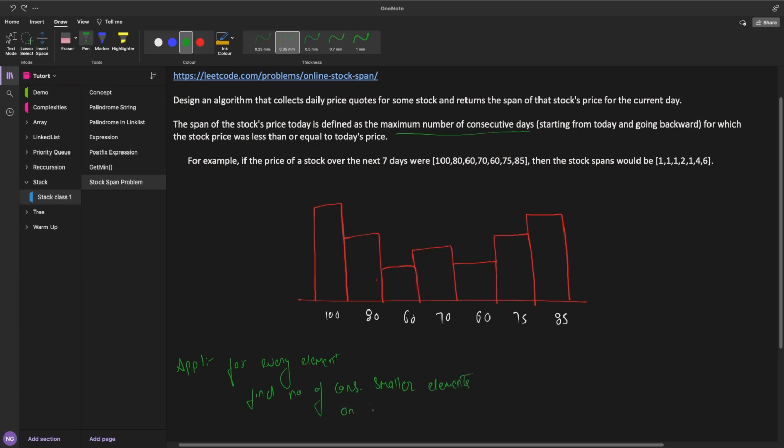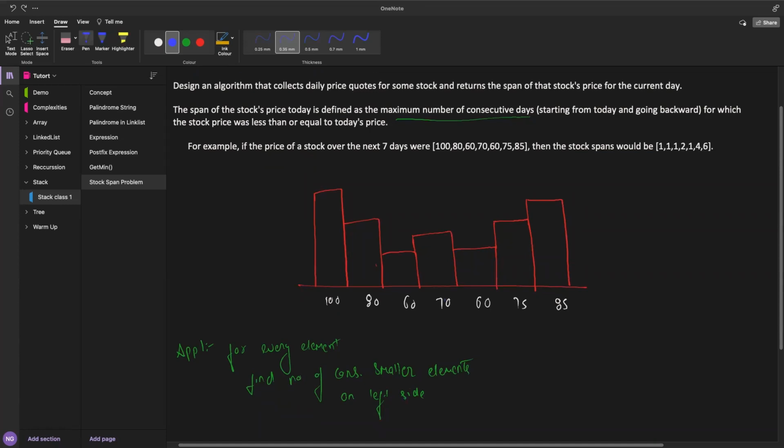Okay. So what I will be doing is, for every I, I will start from here and check 0 to I minus 1: what is the consecutive number of smaller elements for that element.